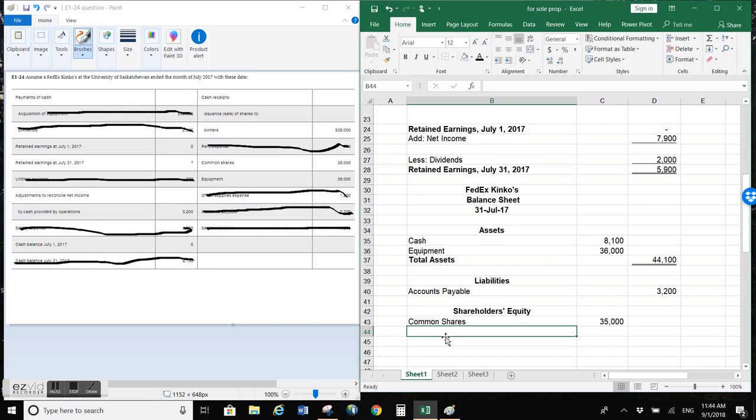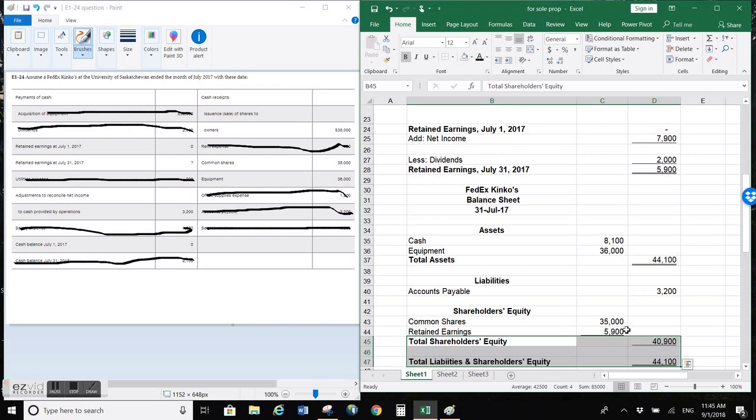And last but not least, how the company has been working on behalf of the shareholders, so our retained earnings. And we've calculated that number up here, so I'm just going to pop it in. So our total shareholders' equity, comprised of those two components here.